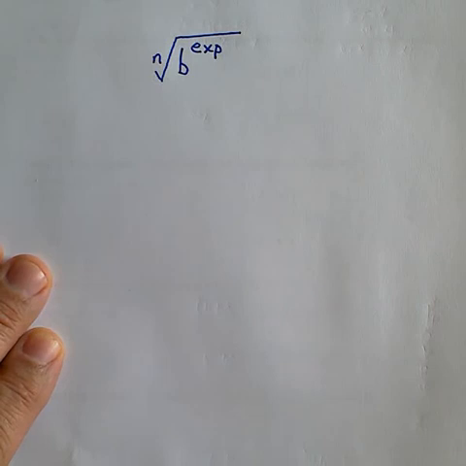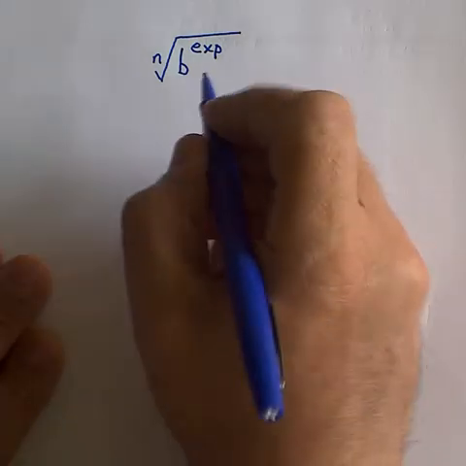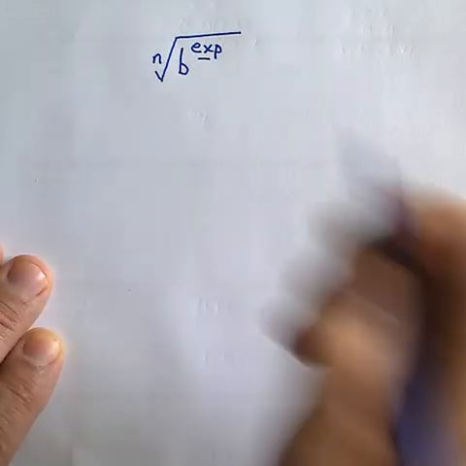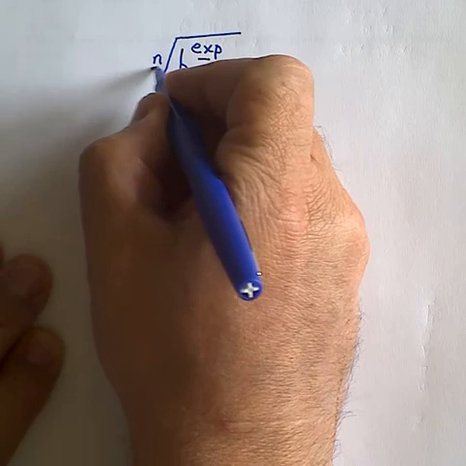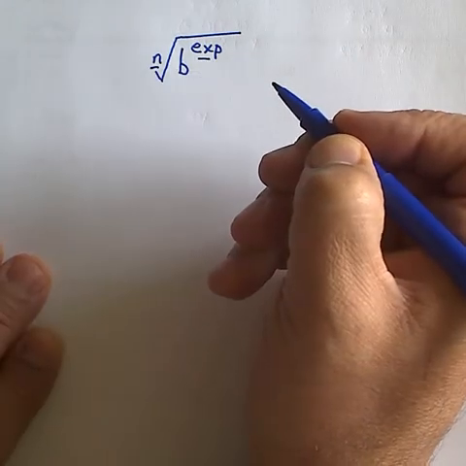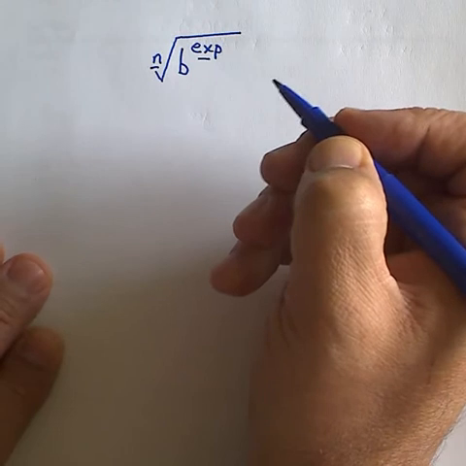Now, according to rational exponent form, what I'm allowed to do is the exponent on my base and the index n become the two components that make up my rational or fractional exponent.